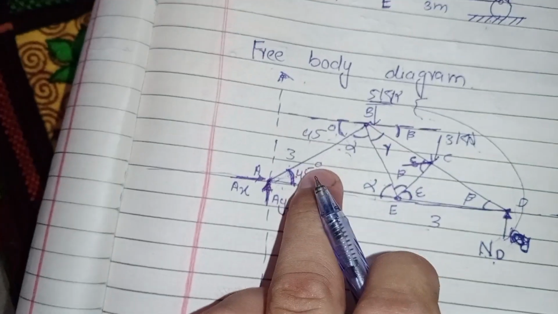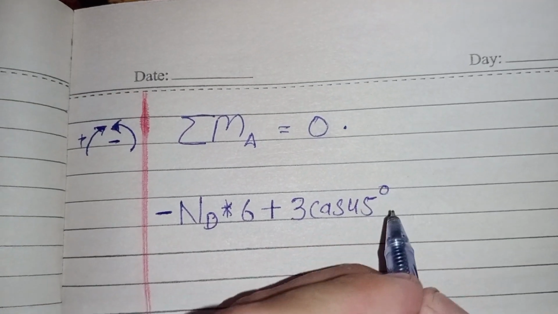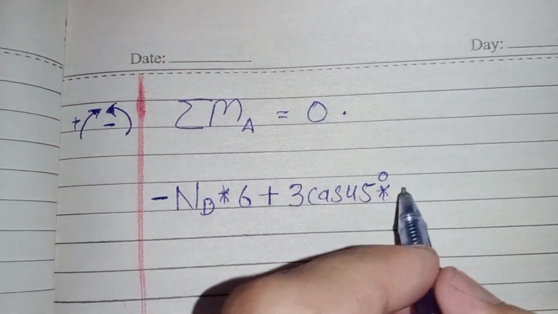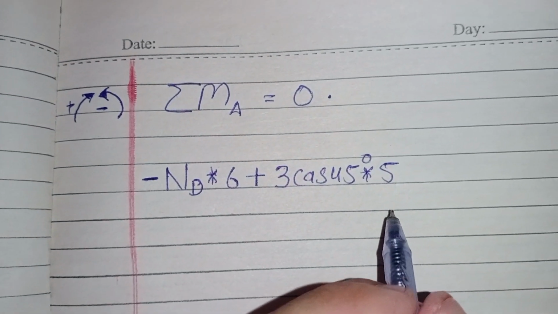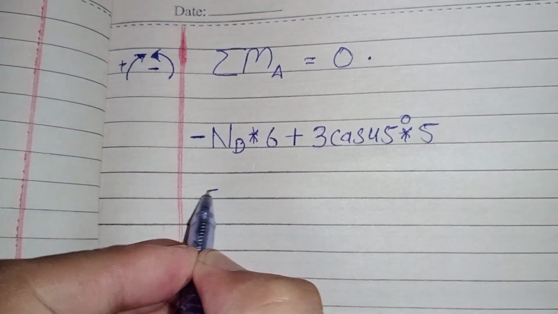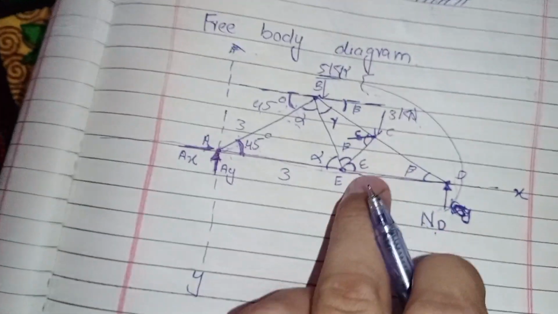Okay, we will take the horizontal component of this length. So cos 45 into load, this is the distance and this is the load, 5 kilonewton is the load, and also plus this 3 kilonewton.